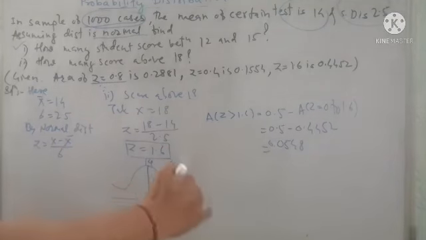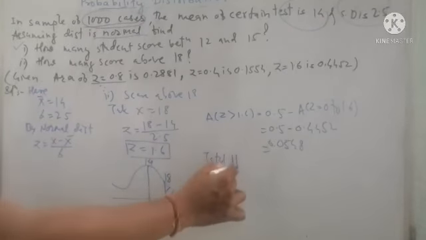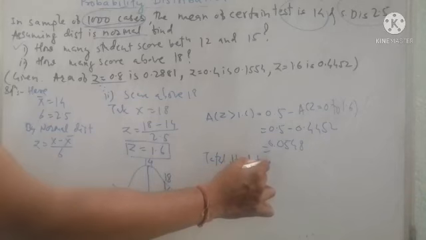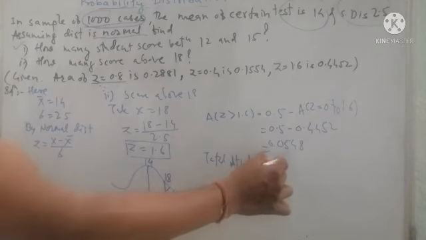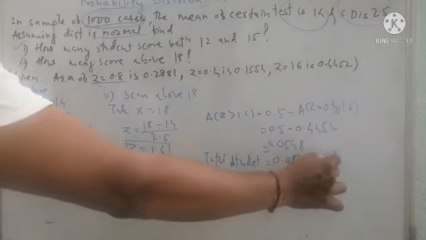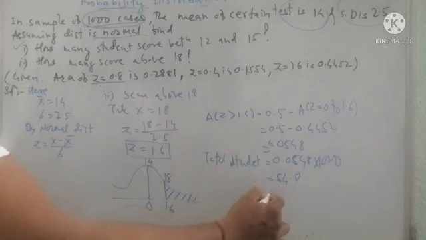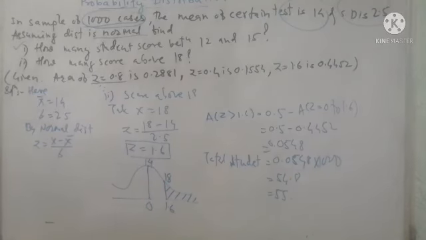The total distribution is for 1000, so to get the total students scoring above 18 we multiply this area by 1000, and we get the value 54.8. That means we take it as an integer, 55. So the number of students scoring above 18 is 55.